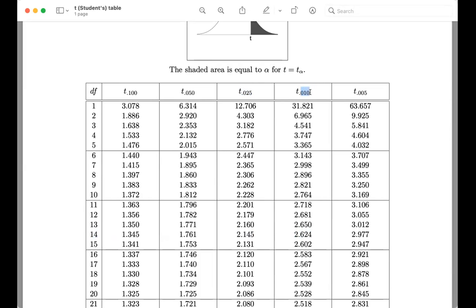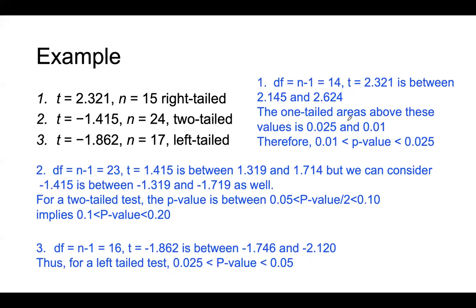This is the smaller number, 0.01, and this is the larger number, 0.025. Because this is a right tail, this is basically one tail, because the question tells you this. Therefore our p-value is bounded between 0.01 and 0.025.